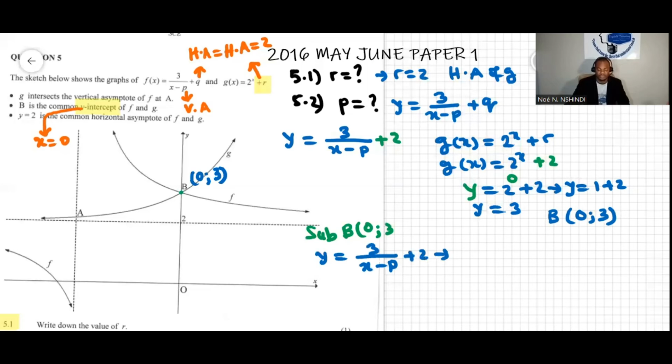I'll substitute the point (0, 3), so 3 for y and 0 for x.